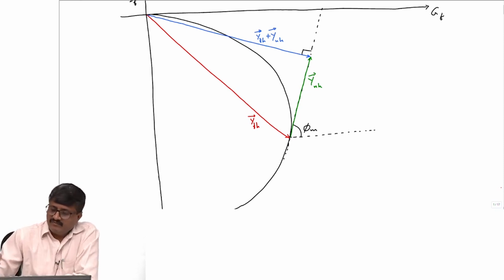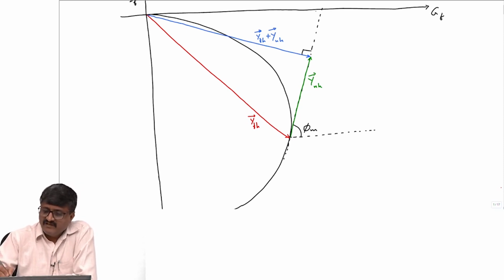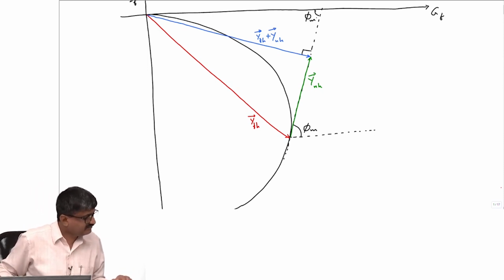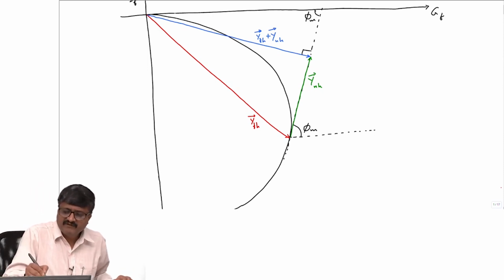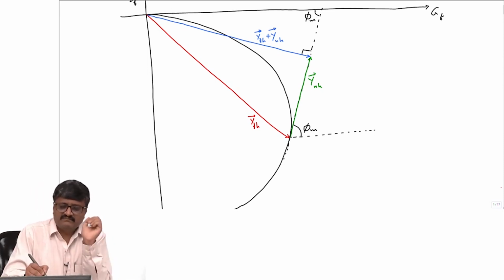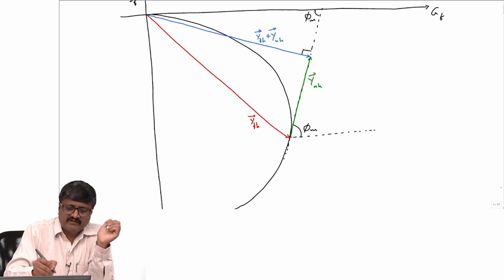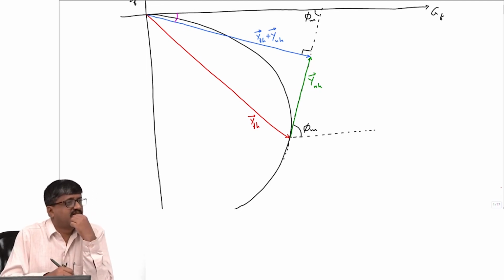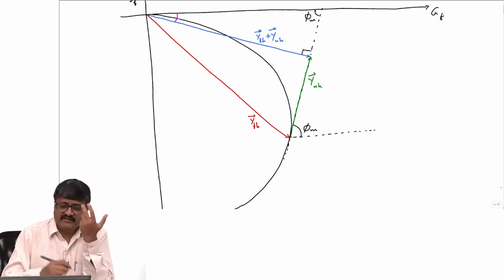Now, if I take this angle, what is this angle? It is phi m. Okay, so that should be clear. Okay. Now, I need to use different colors, otherwise it will cause confusion. Suppose I take this angle, what is this? 90 minus phi.